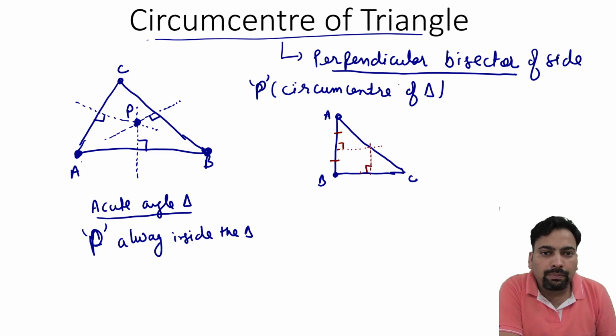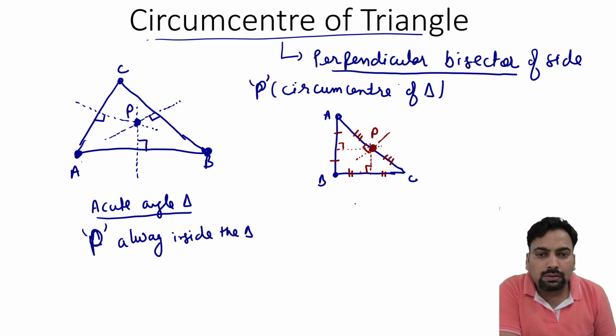If you draw a perpendicular bisector from AC, it is like this. So this length is equal to that length is equal to that length. So this is point P. What is this? Right angle triangle.